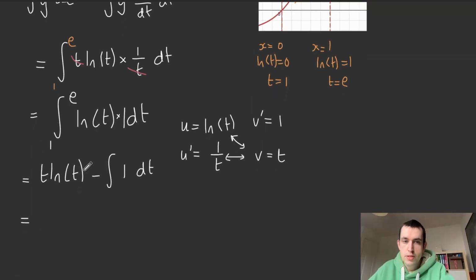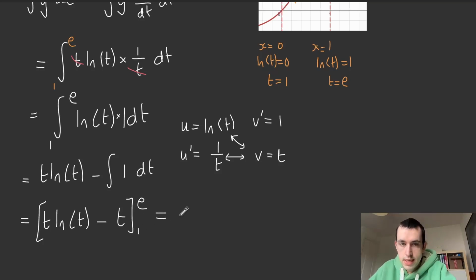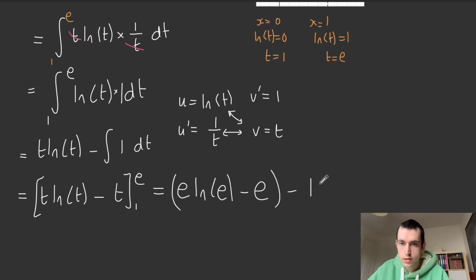minus the integral of these bottom two, t times 1 over t is 1, like this. To be proper, I probably should put the limits around here, but I'm going to be lazy. The integral of 1 is simply t. Now I'll put the limits in. And let's see what we're going to get. We're going to get e ln e minus e minus 1 ln 1 minus 1.